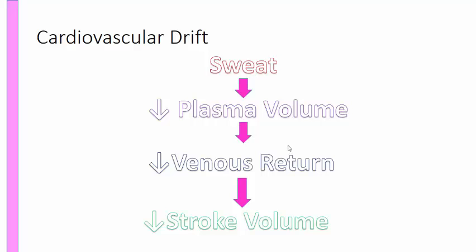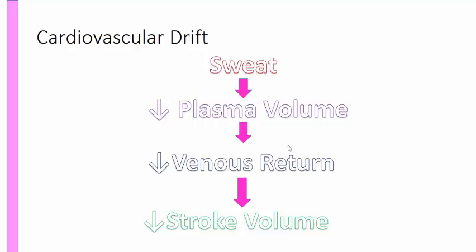What's going to happen once we reach our heart rate max? Let's say we're exercising for so long that eventually our heart rate increases all the way up to our heart rate max of 220 minus our age. So heart rate max has been reached, but we're not going to stop sweating and we're not going to stop losing water.